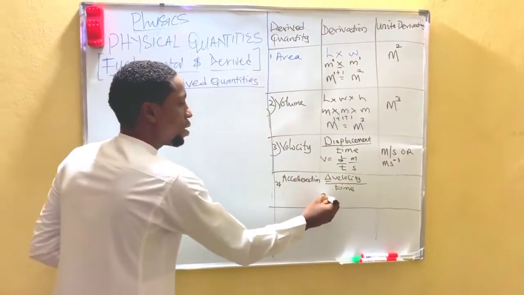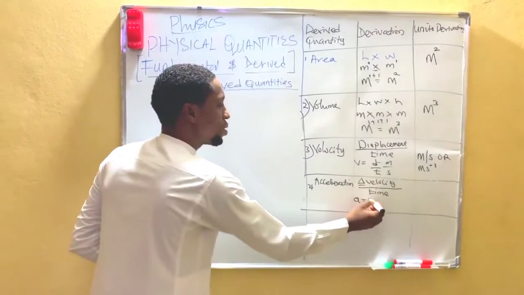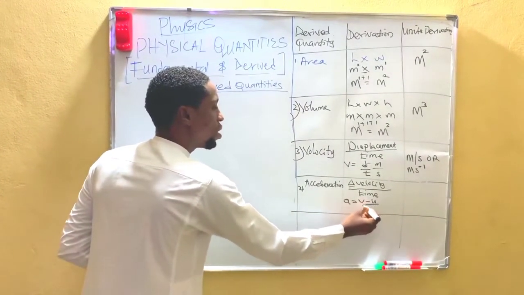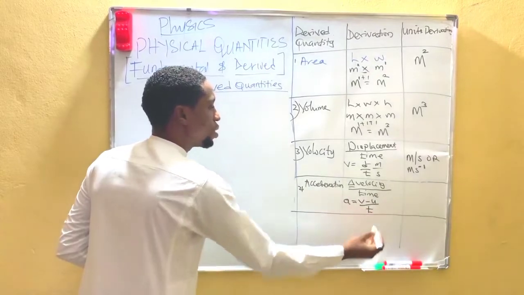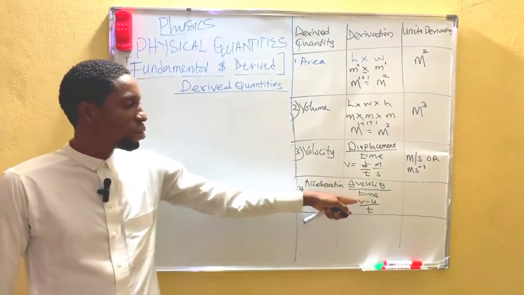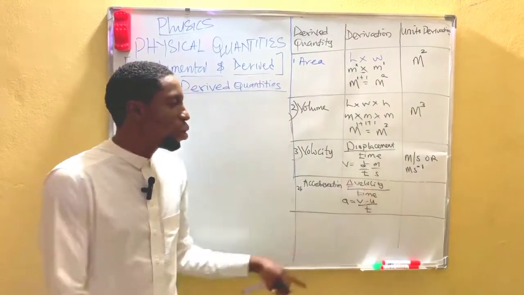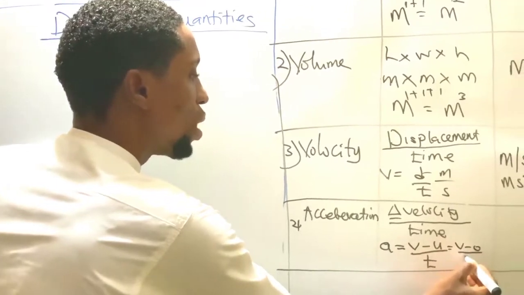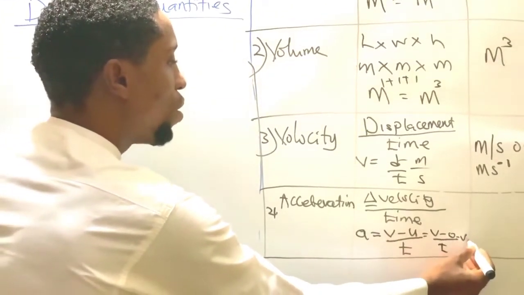So we have that a, change in velocity means the final velocity minus initial velocity divided by t. So when the initial velocity is 0, you have v minus 0 divided by time, giving you v over time.